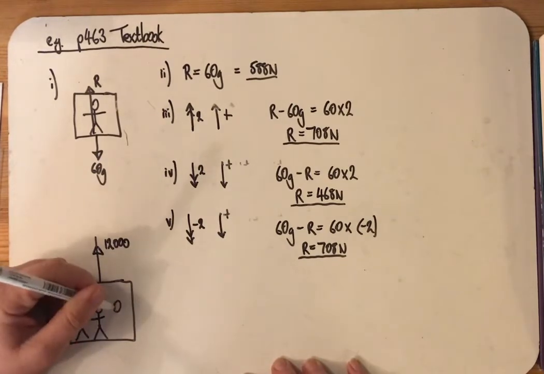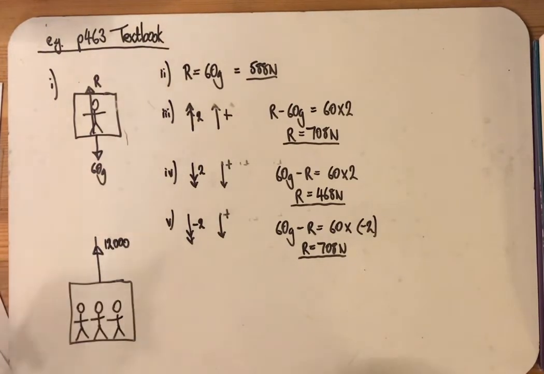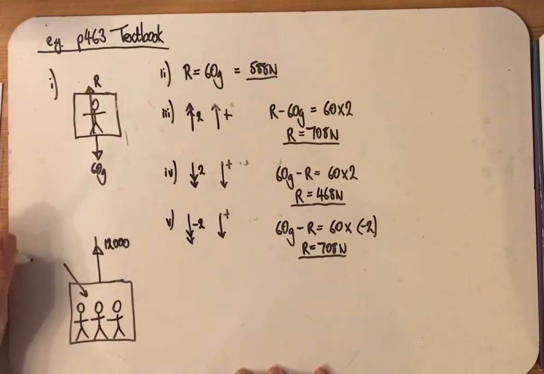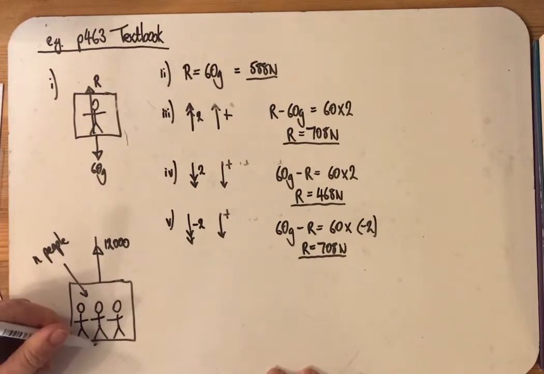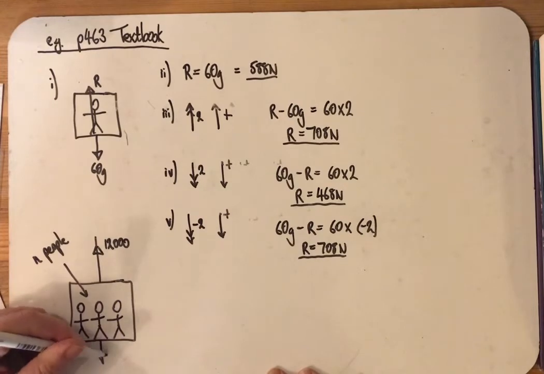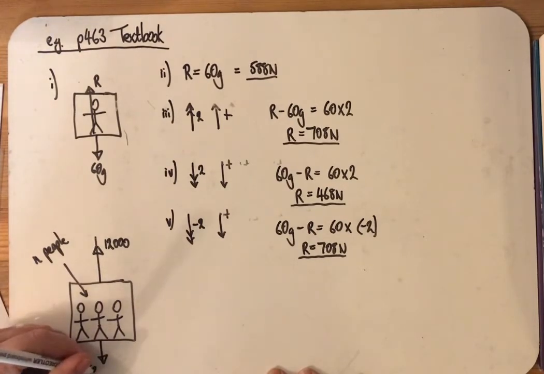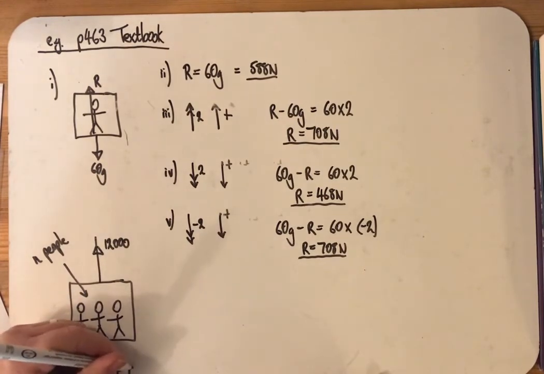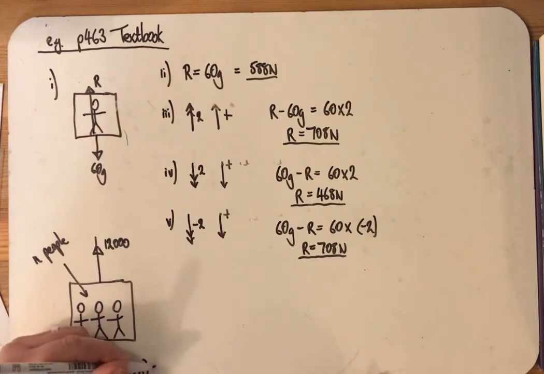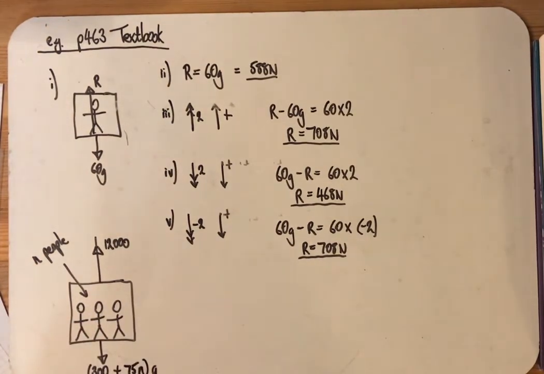Sorry, my people aren't that eloquent, but they'll do. So we've got N people in the lift. And so acting down, we've got the weight of the lift, which is 300 kilograms. And then we've got 75 times N kilograms times 9.8.